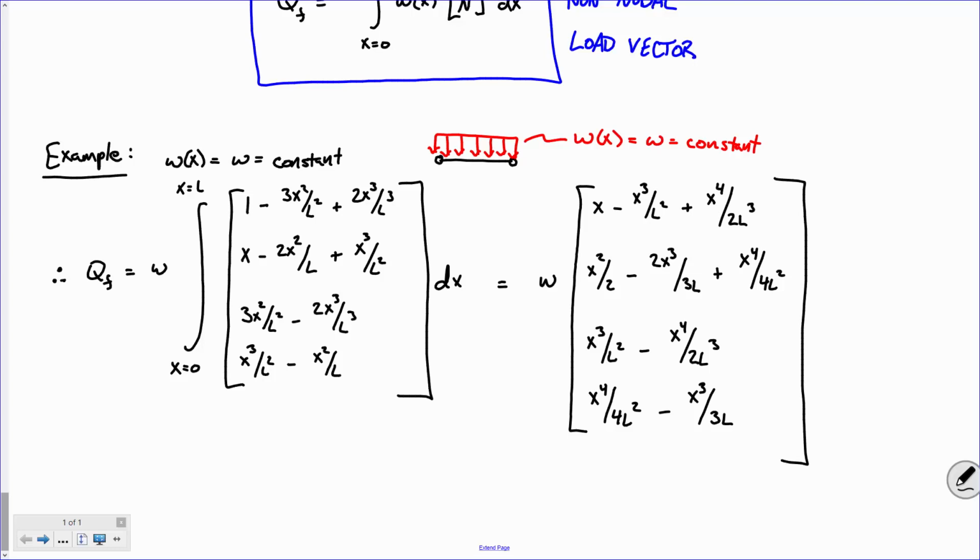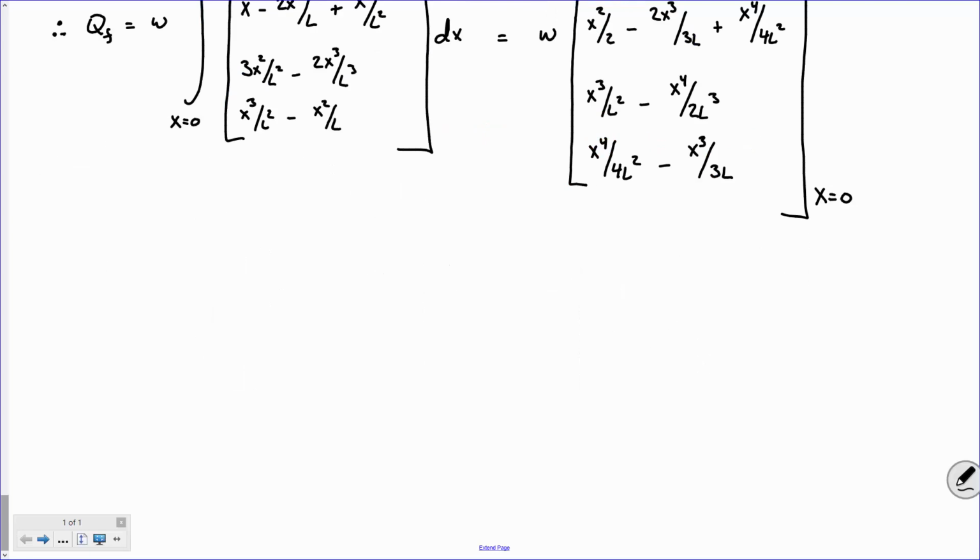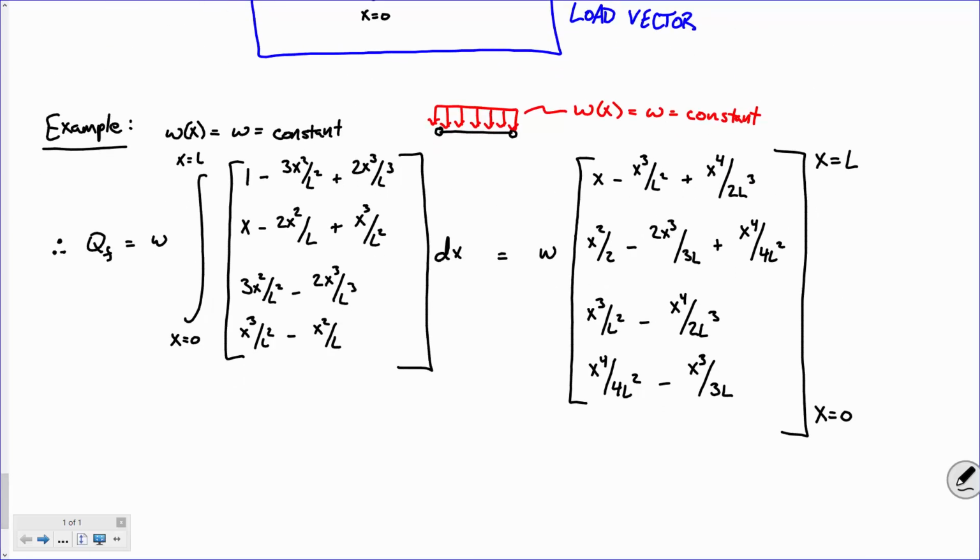Now I evaluate that from x equals 0 to x equals L. Is that a fair statement? Okay. I'll give you all a moment. I think you'll like this. All right.